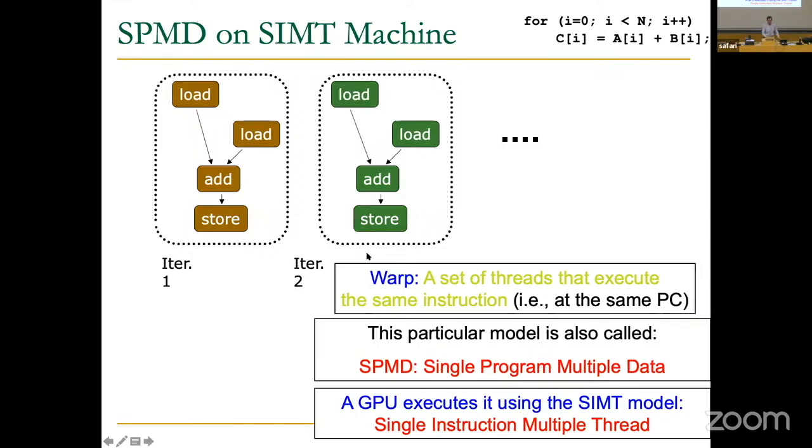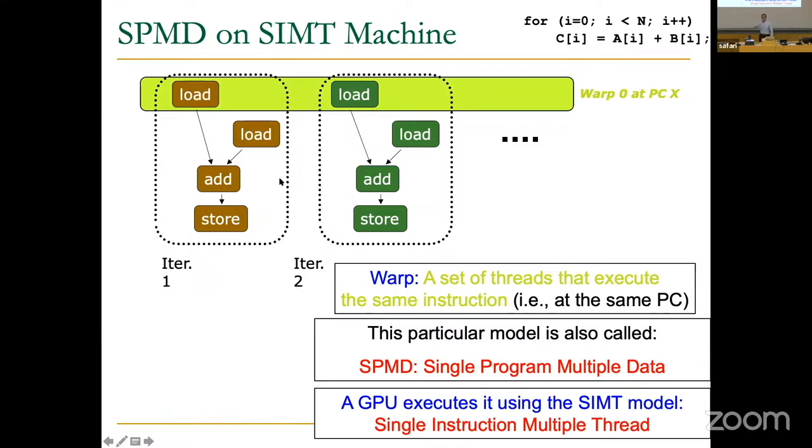So let's take a look at this. So let me define warp. Warp is a set of threads that execute the same instruction, i.e. at the same program counter. So this is warp 0 at PC X, assuming the program counter of this load is X, right? Because these different threads are executing the same code. They're both at program counter X. They're fetching the code from the same location in memory base.